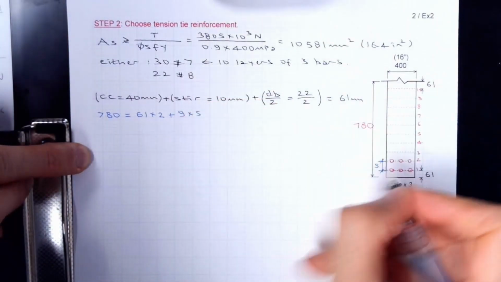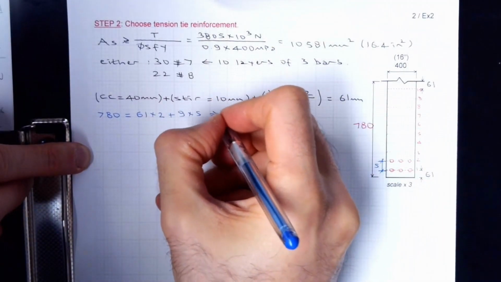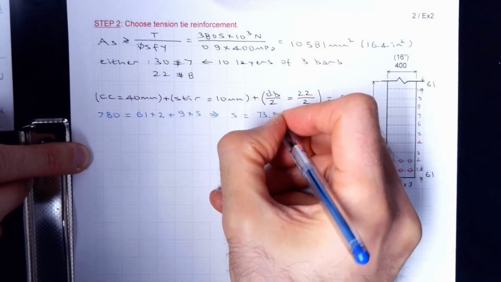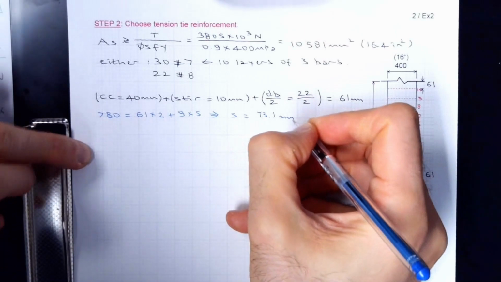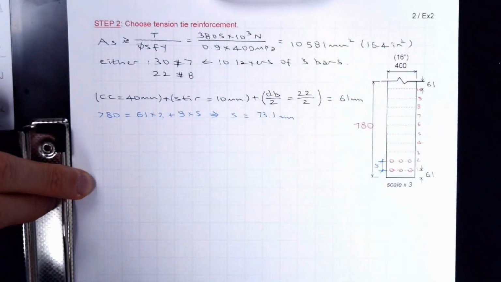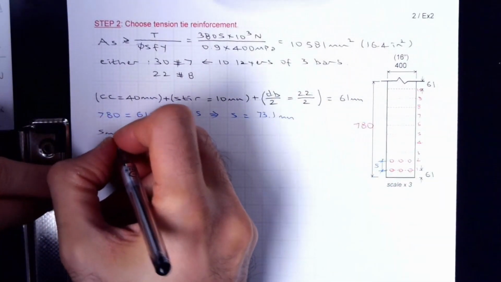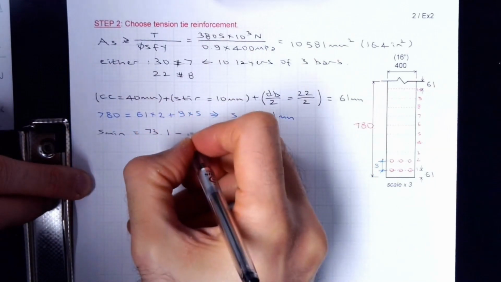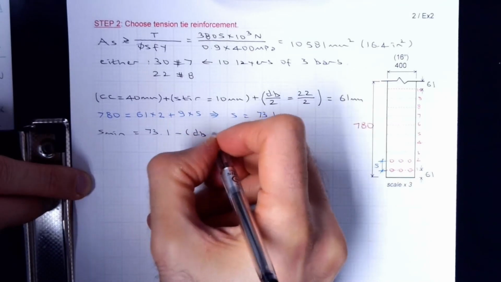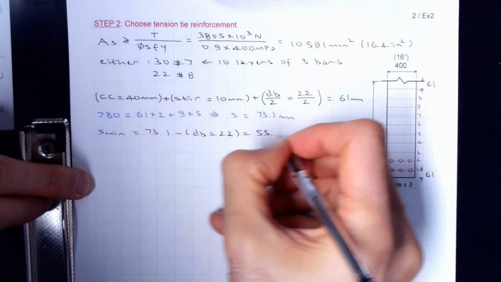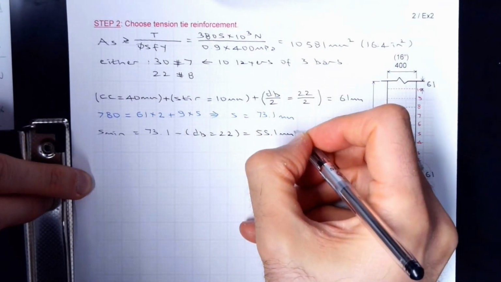This is not 5, it's S, and if you calculate spacing, it's going to be 73.1 millimeter, which is definitely more than required spacing. So we are fine with spacing. So as minimum spacing would be 73.1 minus dB, which is 22 millimeter, which is going to be 55.1 millimeter, which is more than 2 inches.